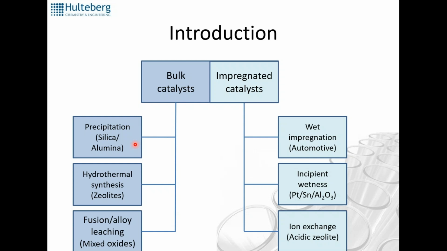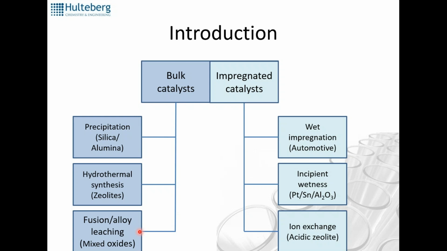You can also make them via hydrothermal synthesis, and this is how we make the zeolites, or indeed through fusion or alloy leaching, like the Raney nickel type catalysts. Bulk catalysts is when the entire catalyst consists of the same material.